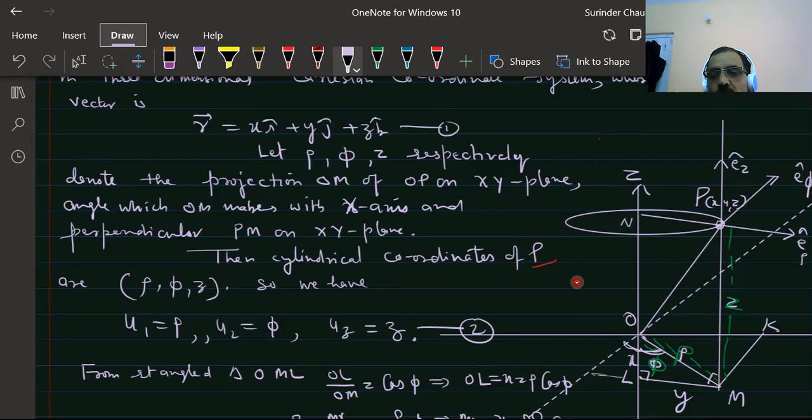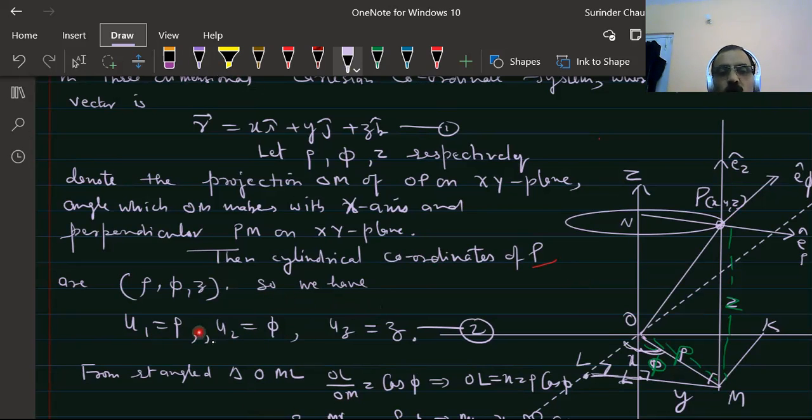This is the projection from here, this is point L, and this is 90 degrees.